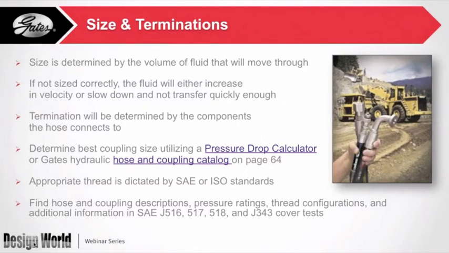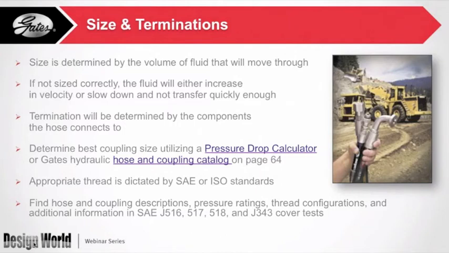The appropriate thread for the couplings. Again, there's a myriad of different standards organizations out there that are going to dictate whether it's SAE, hydraulic termination, say an O-ring face seal for a John Deere tractor, or a JIC hydraulic fitting. Those threads are going to be dictated by a standard, so you can appropriately select the opposing coupling that's going to attach to that based on that same standard.